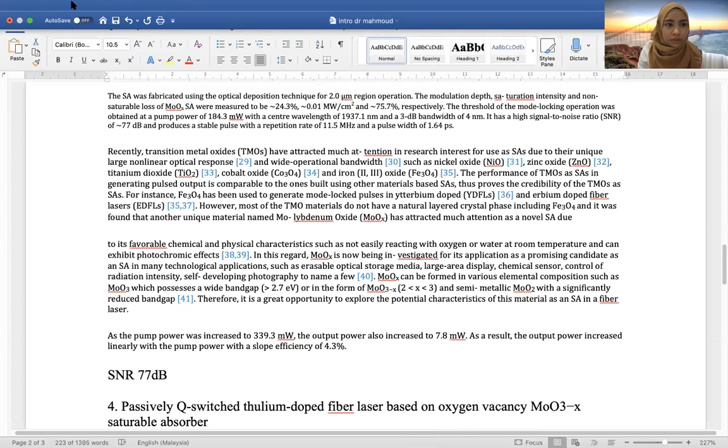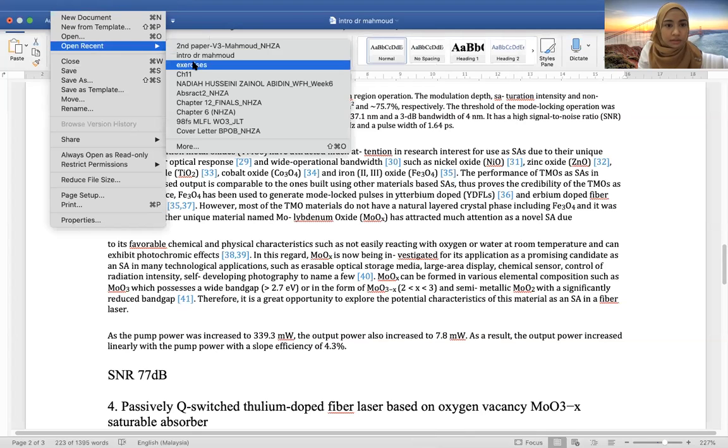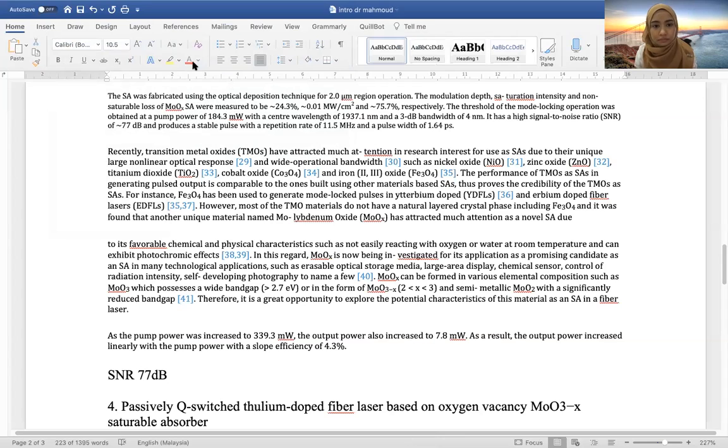Okay, stop sharing. Okay. I'll open recent. Stop sharing my new screen. Microsoft Word. Open recent exercises. Okay.